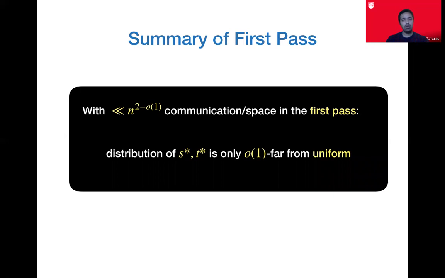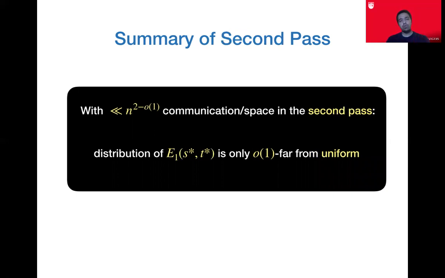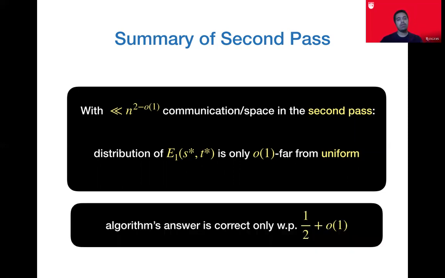Using this notion of internal epsilon solving, we are also able to show that after the second pass, whether that particular edge that we care about exists or not, the distribution has only changed very slightly from uniform. I will not go over this part at all. But now that we prove this, we can say that the algorithm's answer is only a function of whether this edge exists or not, but its distribution is almost uniform. So the algorithm cannot solve the problem with probability better than half. That's how we get the lower bound.